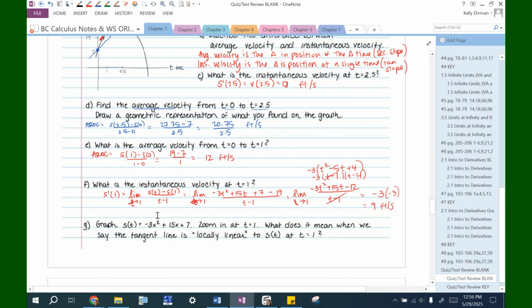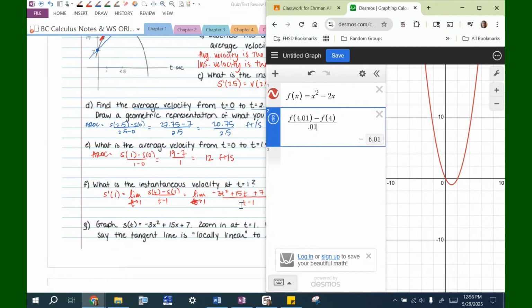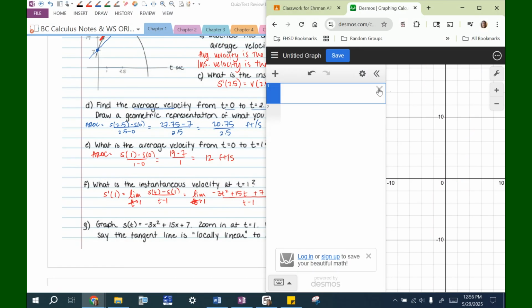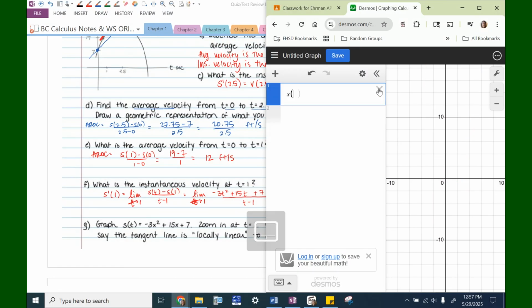All right. Graph this equation. Zoom in at 1. What does it mean when we say the tangent line is locally linear to S at t equals 1? So, let's check that out. Let me graph S of t equals negative 3t squared plus 15t plus 7.